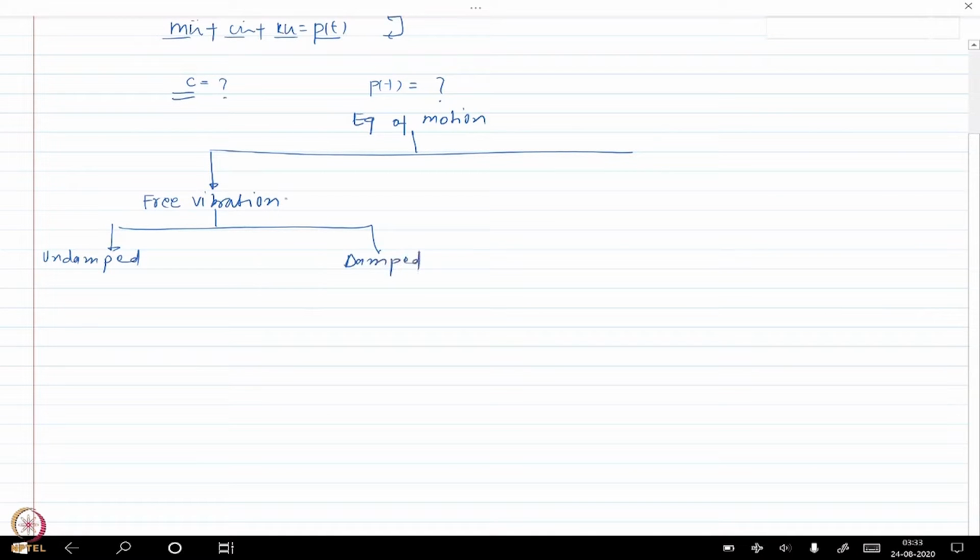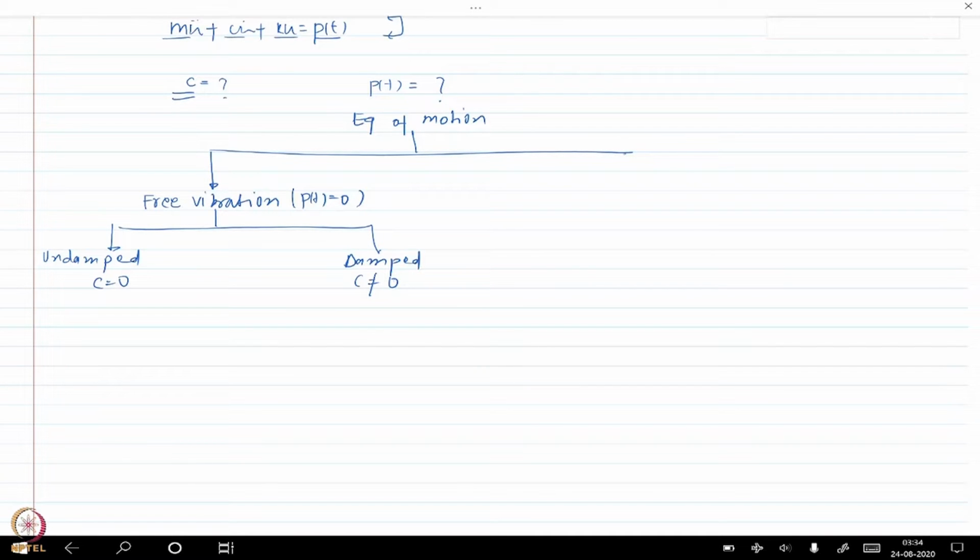So remember that this was for P of t, the applied force, equal to 0; this is c equal to 0, and this is c not equal to 0. This is one categorization, one tree branch.